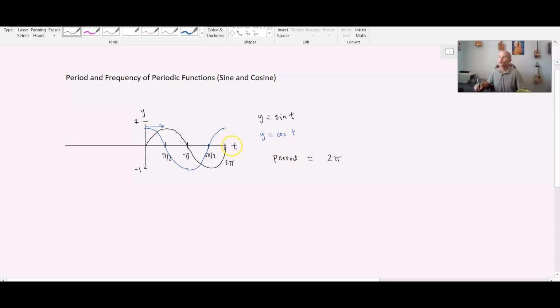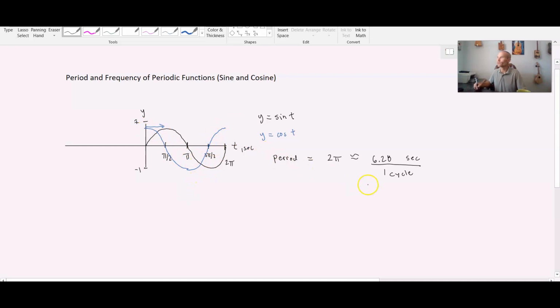Now, if I do refer to this as time, I can say that maybe t is in seconds. So I can say that it's going to take approximately 6.28 seconds per one, what I'll call cycle. Now, cycle is unitless. One cycle we're just going to think about as the time it takes for the function to start at a point and then return back to that same point.